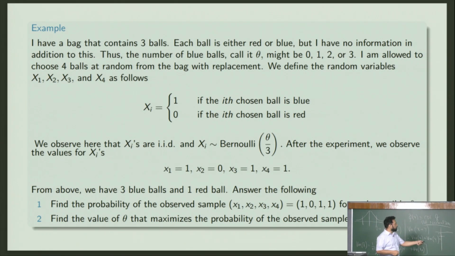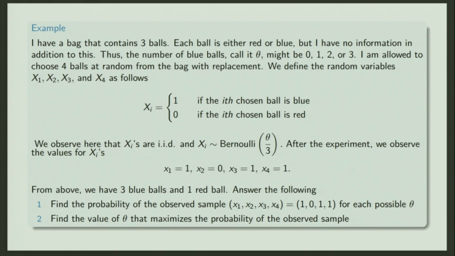I picked a ball in the first step and found it to be blue, and hence I put a 1. I got a 0 next, so the next ball I picked was red. The third ball I picked was blue. The fourth ball I picked was also blue. So blue, red, blue, blue. This is the data I collected out in the field. This is my sample.